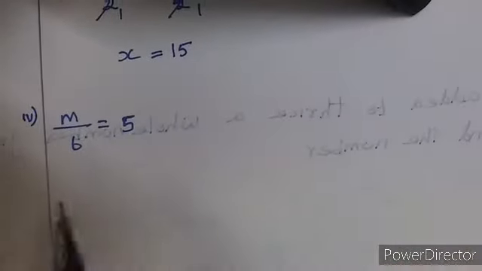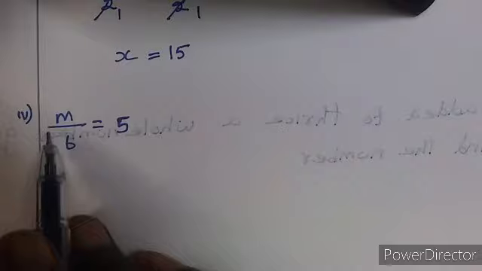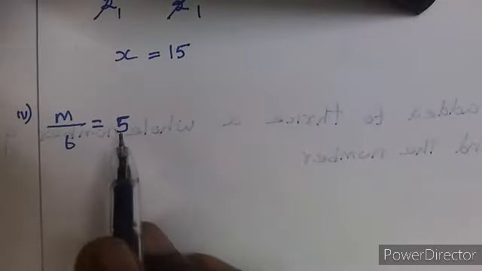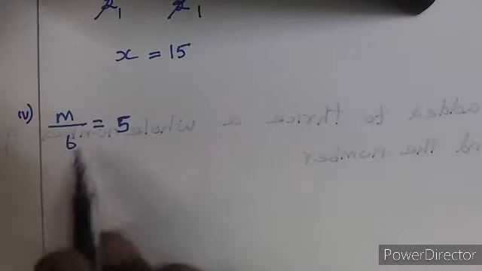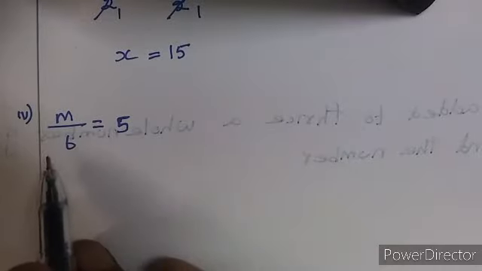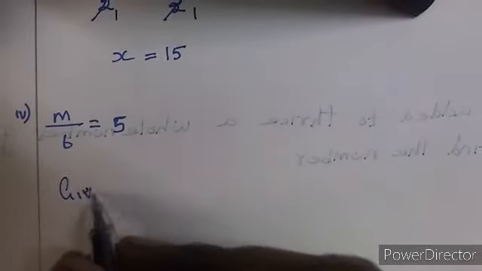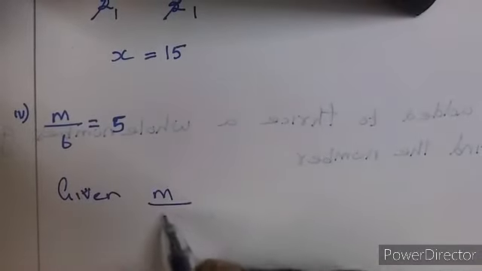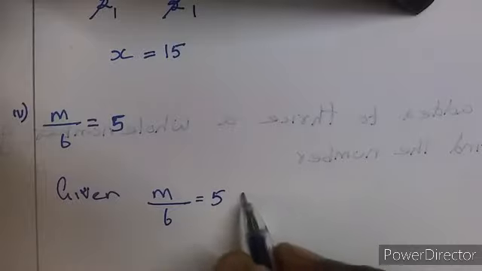Understand? Let's move on to the next subdivision. Subdivision 4, m divided by 6 equal to 5. Here the division is given, so on both the sides I want to multiply. The given coefficient is 6. Step 1, write the given m by 6 equal to 5.